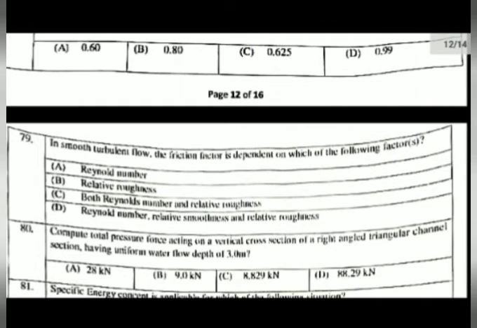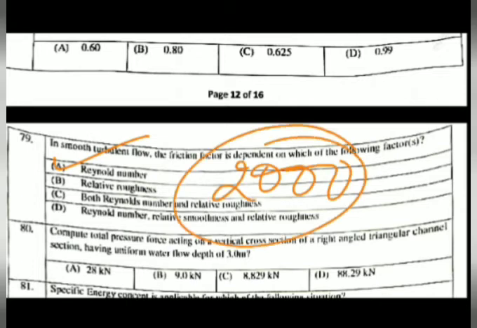Next question is, in smooth turbulent flow, the friction factor is dependent on which of the following factors? And the right answer is Reynolds number, because generally if your Reynolds number is below 2000, then it is laminar flow. If it is greater than 2000 or 4000, 5000, then it is turbulent flow.